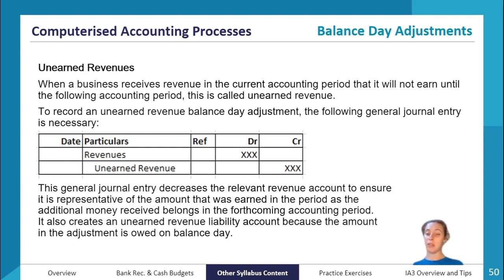So it decreases the relevant revenue account to ensure it's representative of the amount that was actually earned in the period. Because any additional money received belongs in the next accounting period. It belongs in the period that you actually earned the money. It creates an unearned revenue liability account because the amount in the adjustment is owed on balance day.